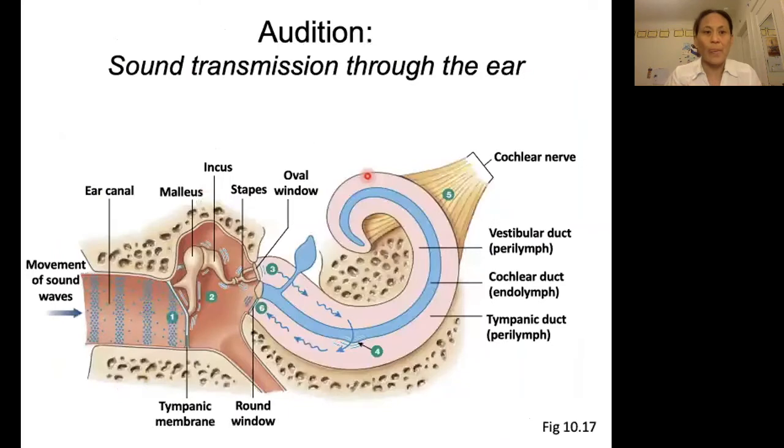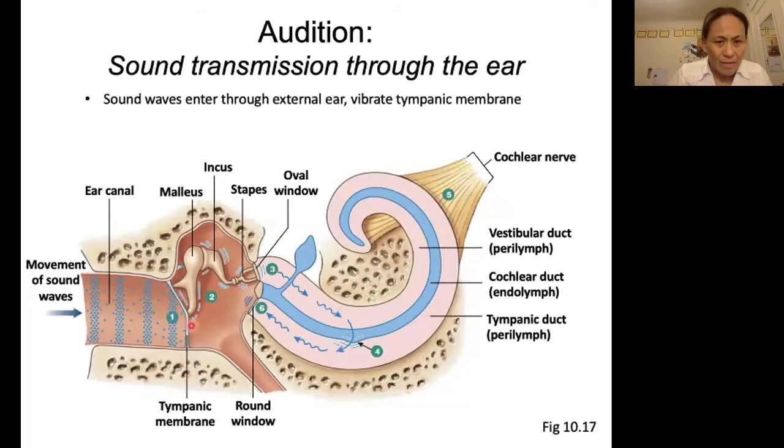Okay. All right, so let's take a look at how we detect sound in our ears. We start with sound waves coming in through our ear canal. Those sound waves vibrate the tympanic membrane, or the eardrum, okay? The tympanic membrane is connected to these three bones right here, the malleus, the incus, and the stapes. Don't worry about the names, but remember that there are these three bones here.